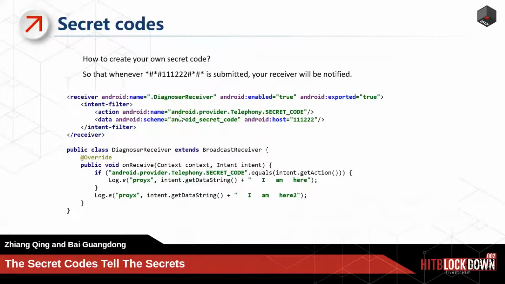The action is set to android.provider.Telephony.SECRET_CODE, and the data field is the secret code you want to specify. Then in your application, you just implement such a broadcast receiver so that whenever this secret code is dialed in a dialer app, this broadcast receiver will be invoked by the system.